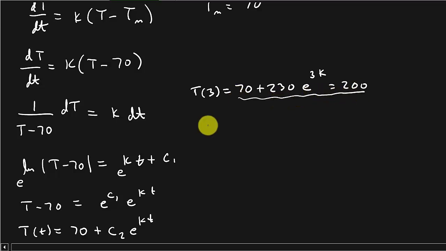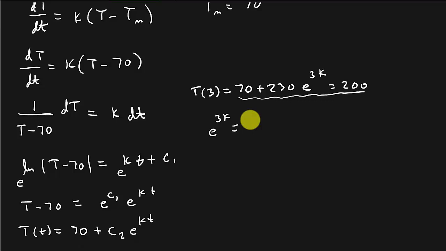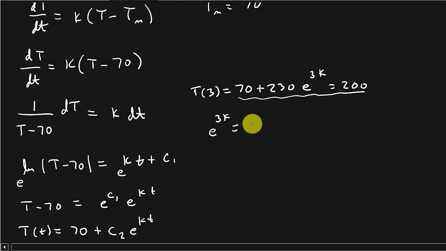So that's going to give me e to the 3K is equal to, let's see here, 130. Divide by 230. 130 over 230 is 13 over 23.